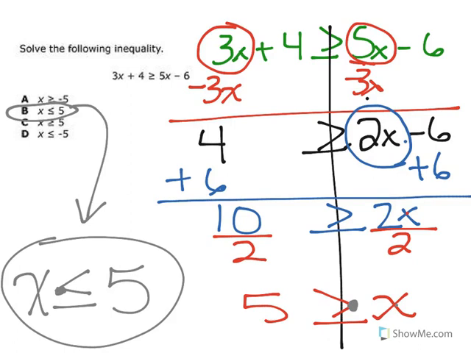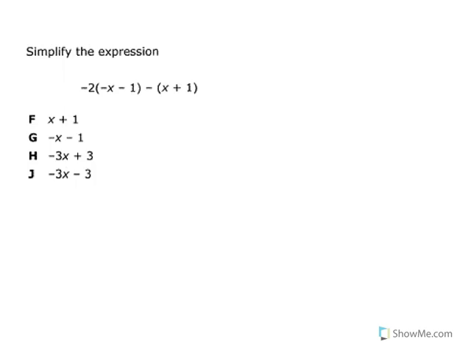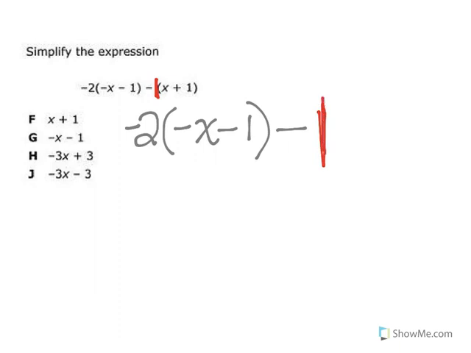Okay, trying another problem. Distributive again. -2 times -x minus 1 minus, but guys, there's an invisible 1. Invisible 1 times x plus 1.